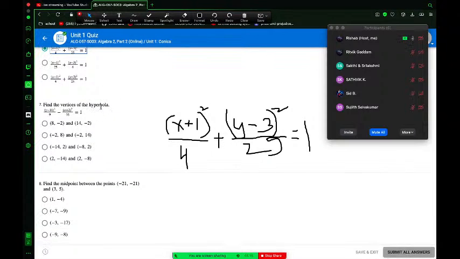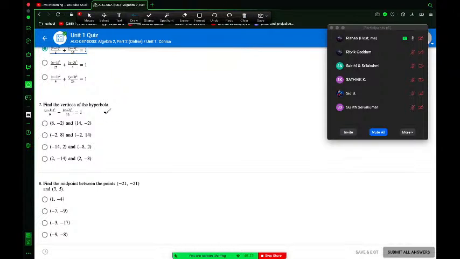So the vertices of the hyperbola. So we know that this kind of thing is 3 because the square root of 9 is 3. And then 16, the square root of 16 is 4. So we have 3 and 4. Now we need to see if this is vertical or horizontal.